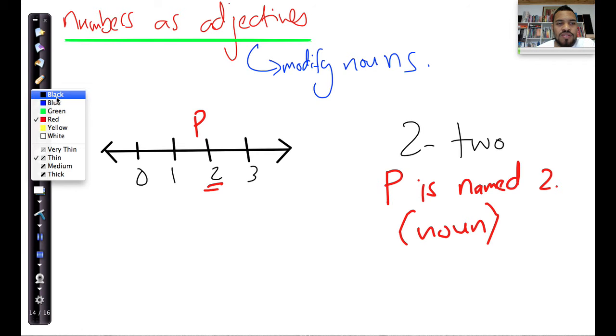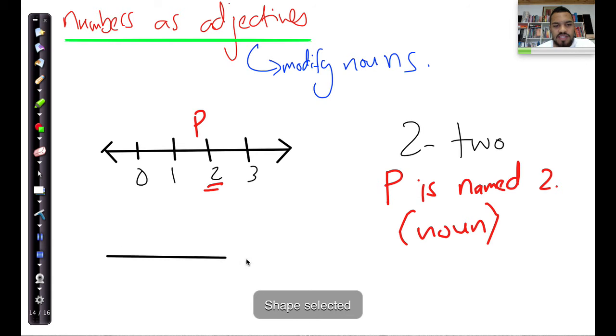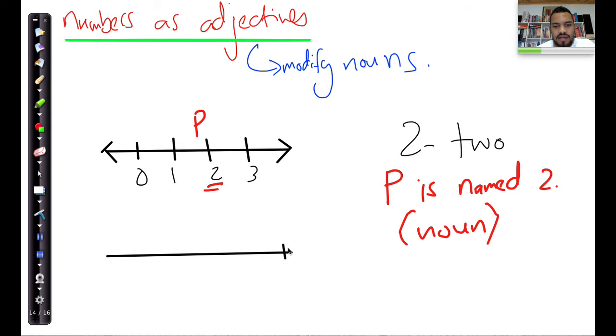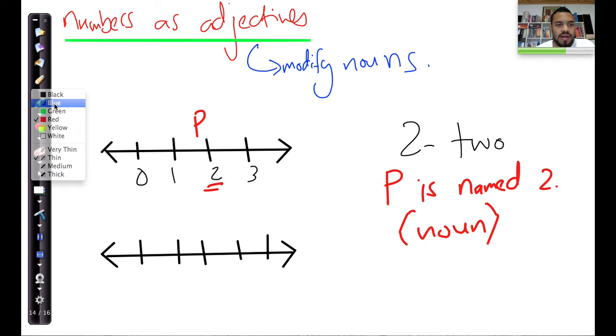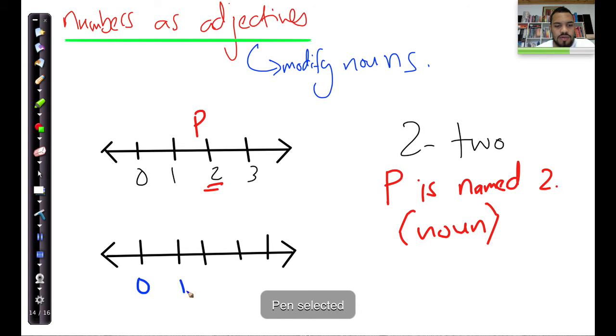But I can also use it differently. Let's look at the number line again and get some straight lines in there. Assume that all of those are equal. And I've again got 0, 1, 2, and 3. Let's talk about this distance between point 1 and 3.